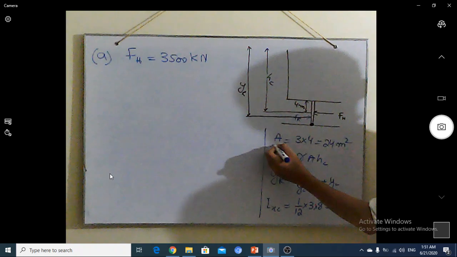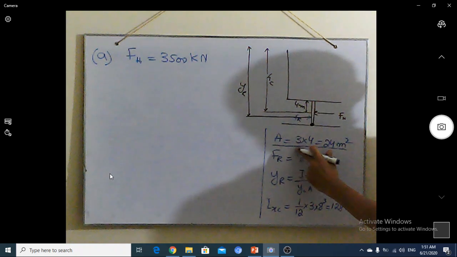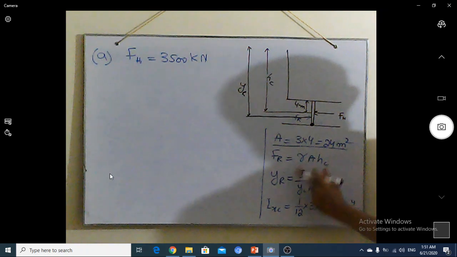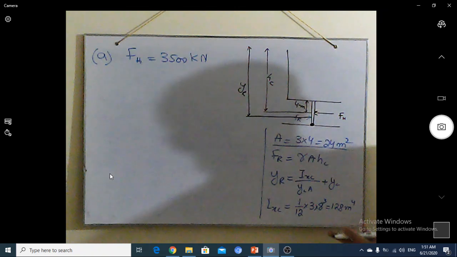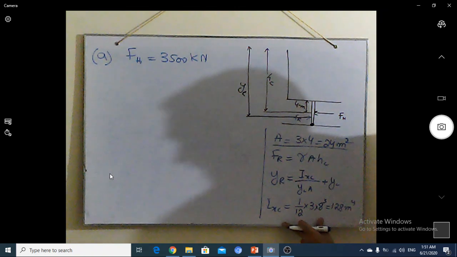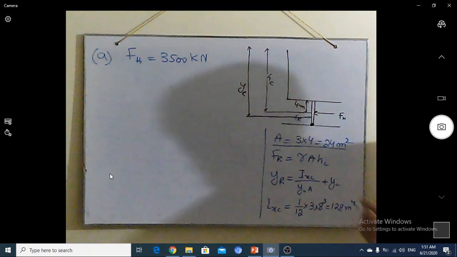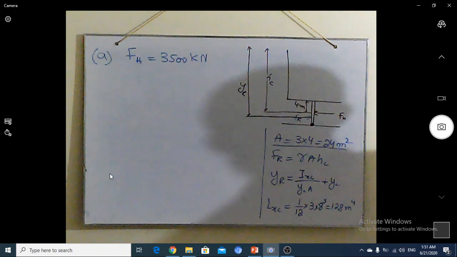I determined the area of this passage, which is 3 multiplied by 4. We know the main formula of FR, we know the main formula of YR. And the IXC value for the rectangular passage we identify from the figure, which comes to 128 m to the power 4.